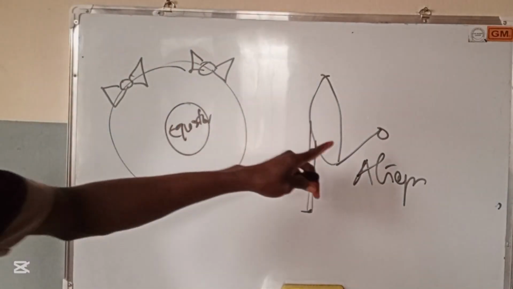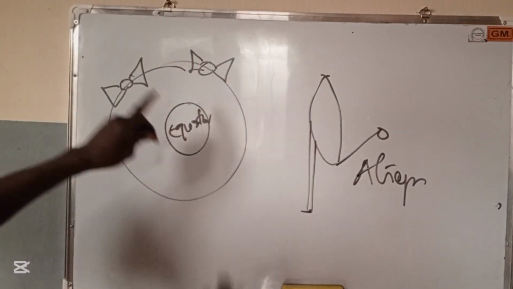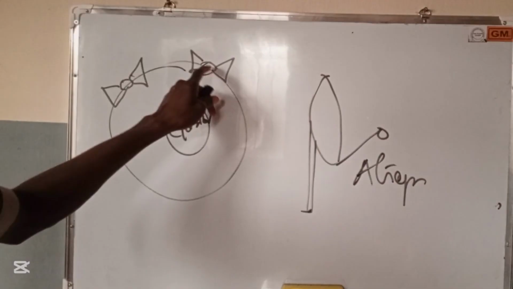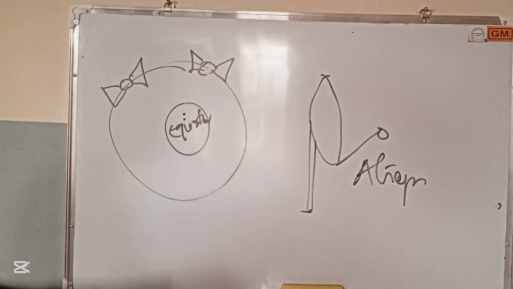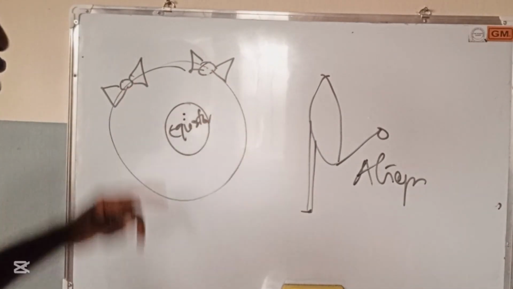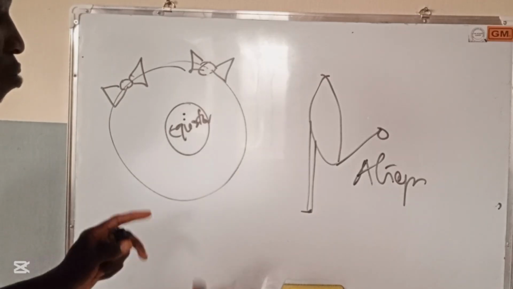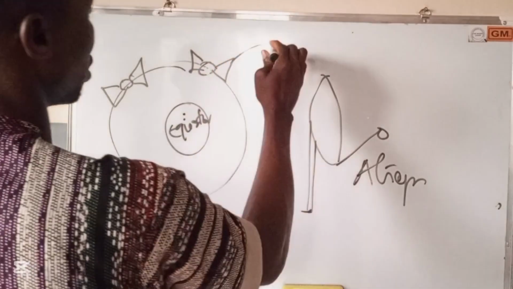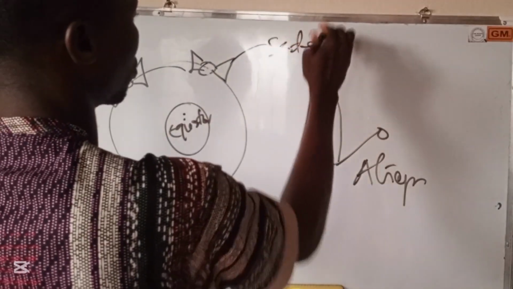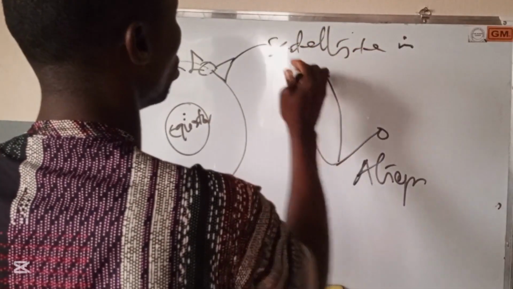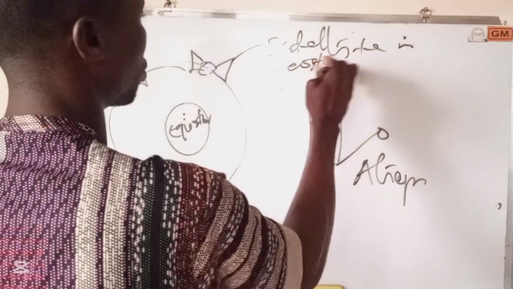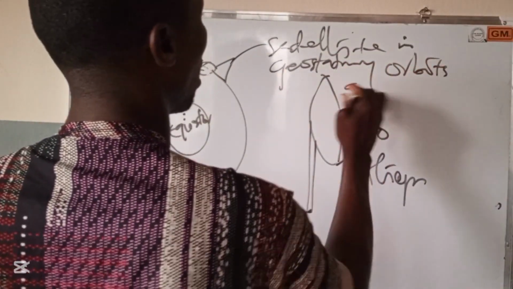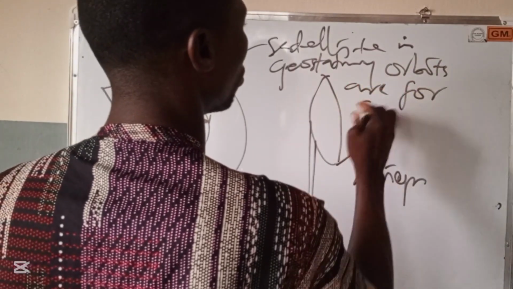So, since this satellite appears to be stationary to an observer on Earth, it is used for television broadcasting. It's also used for radio broadcasting because it appears stationary. So satellites in geostationary orbits are for communication.